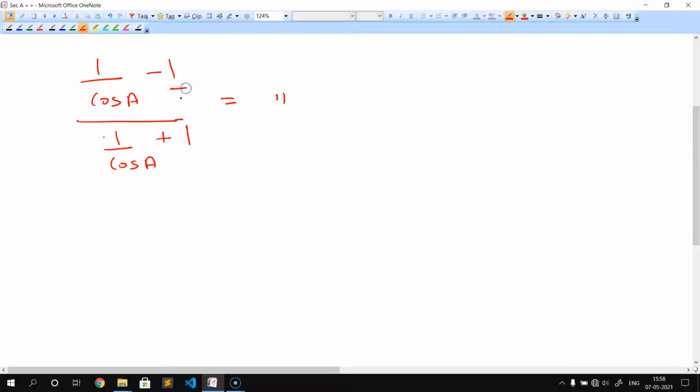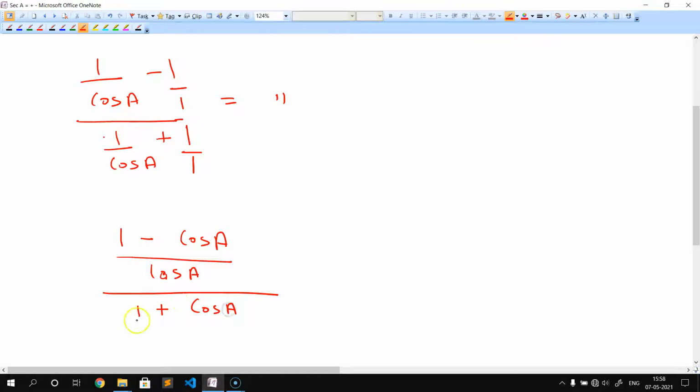Now we will take the LCM, so it will become (1 minus cos a) upon cos a, whole upon (1 plus cos a) upon cos a.